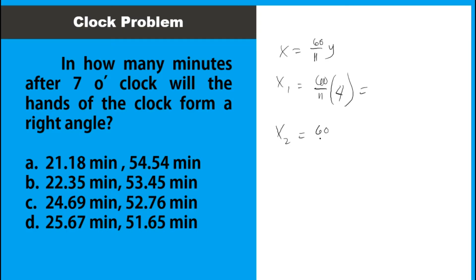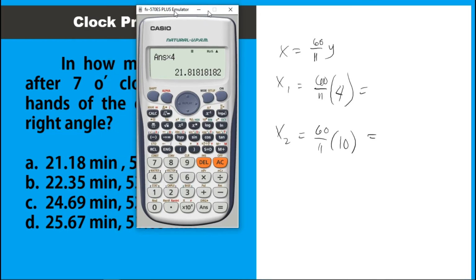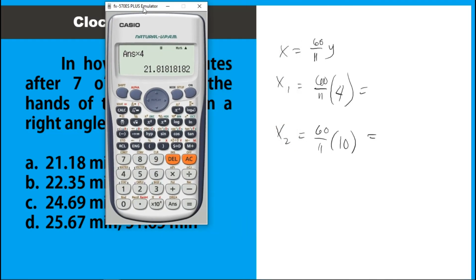So you have 60 over 11 times 10. For the first time, you have 60 divided by 11 times 4. So that is 21.81. For the second time, you have 60 divided by 11 times 10.